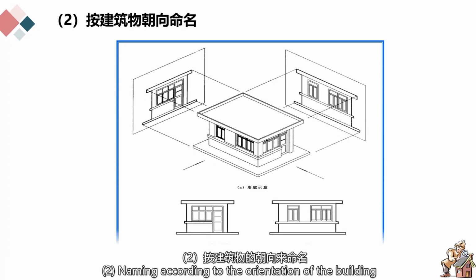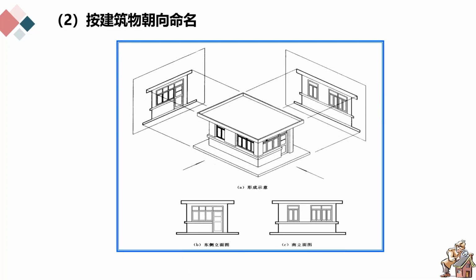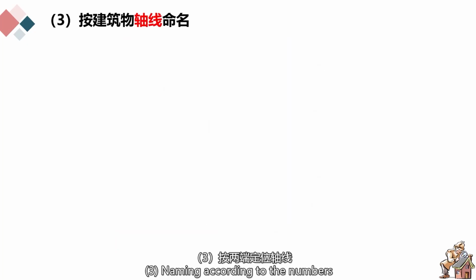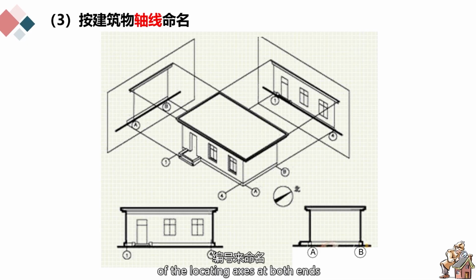Naming according to the orientation of the building, such as south elevation, north elevation, west elevation, east elevation. 3. Naming according to the numbers of the locating axes at both ends. For example, elevation 1 to 9, or elevation 9 to 1, etc.